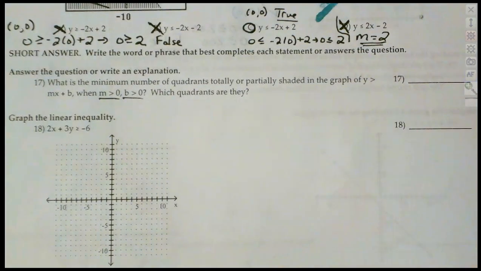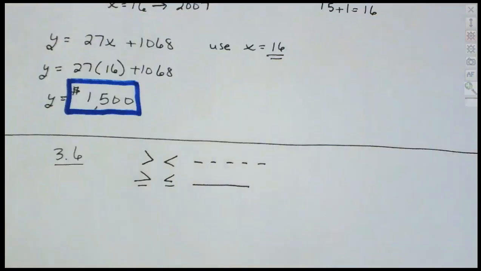Okay, so let's take this one and let's plug in numbers. All right, so we know some certain things about our inequality here. They give us certain conditions, and we're going to make up one that falls into this condition. We're going to graph it, and we're going to see which quadrants it covers.